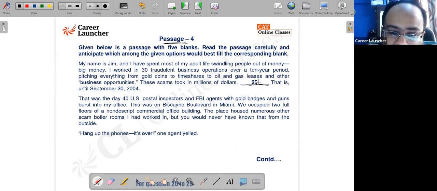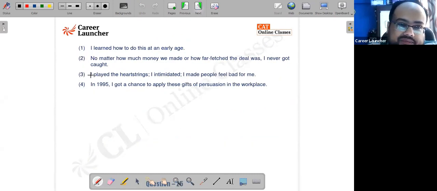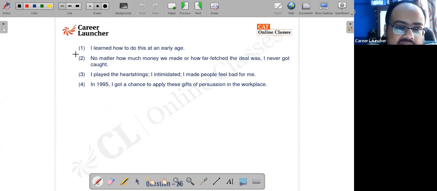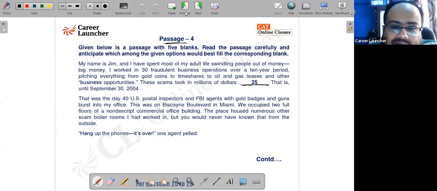So I'll just tell you what you need to do in this passage. For question 25, you need to go to where the question is given. The question is given after the passage. This is question 25, and you have 4 options here. So each question has 4 options. What you do is, out of these 4 options, you try to anticipate which sentence is the best fit in this blank.